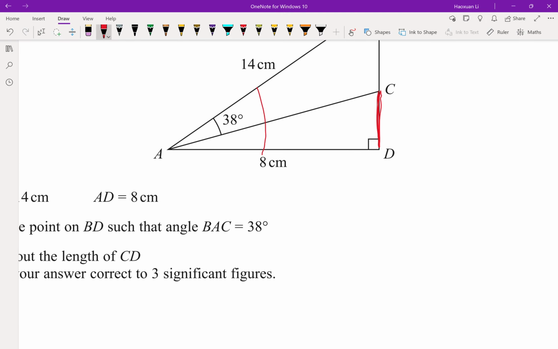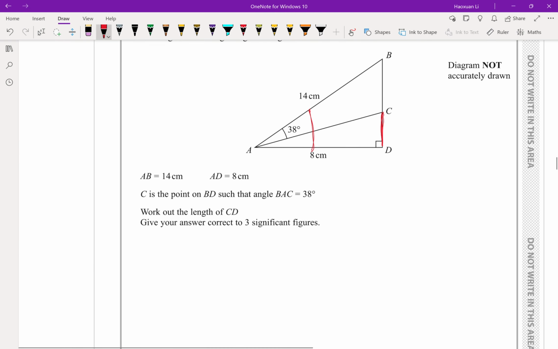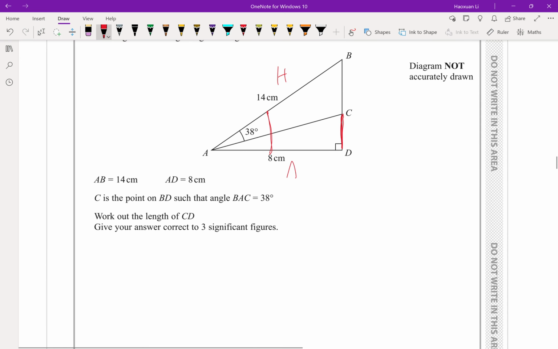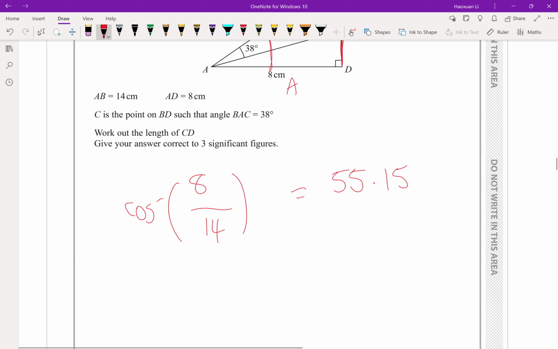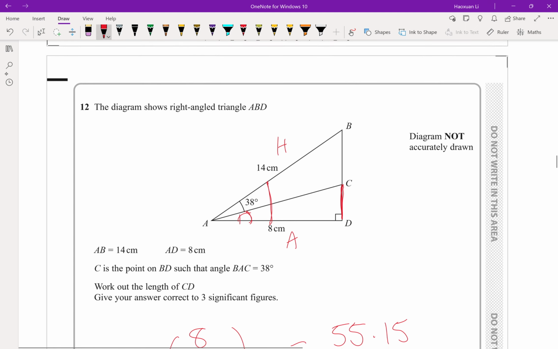First, let's try to find this big angle. This is the hypotenuse, this is the adjacent, so cosine inverse of 8 divided by 14 is 55.15. Now I'm trying to find this bit of the angle here. If you already know one part is 38, you just need to find the other one. Using the calculator, that will be 17.15.